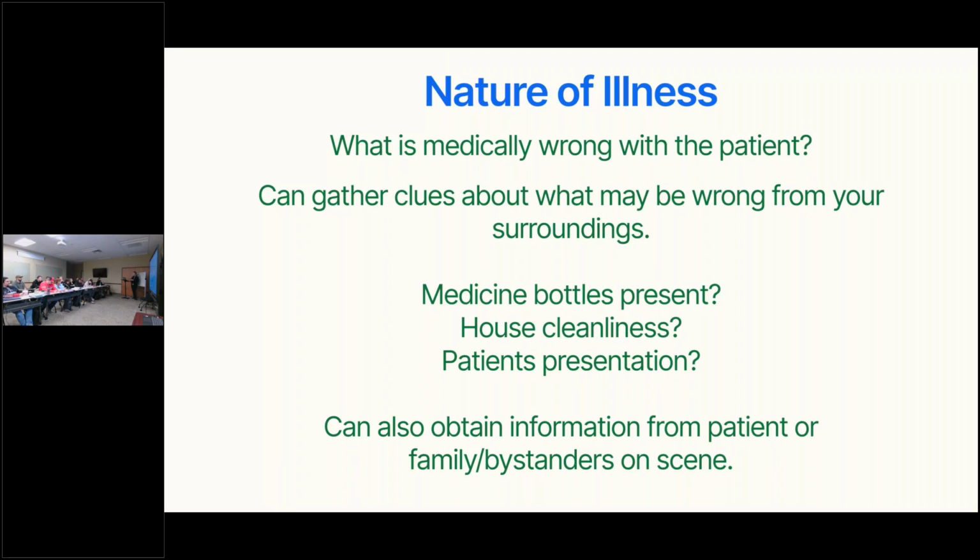But if they're not alert, hopefully there's family or bystanders nearby. We can ask them for some information. And sometimes we can't, right? Sometimes we don't have the patient to ask because they're unconscious. Sometimes there's no family or bystanders there on scene. So it ends up being our job to be a detective and investigate, figure out what's wrong with the patient, what their nature of illness is.